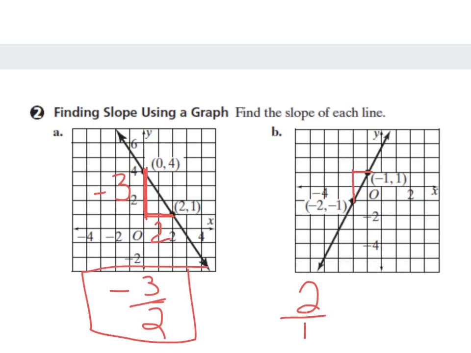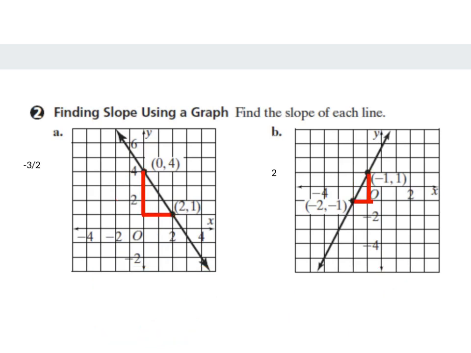So our slope is just 2 over 1, which is 2. Notice how in this example, I drew my triangle a little differently, but the rise and the run are still the same. You can draw any triangle using 2 points on any portion of that line, and the slope will still always be the same. That's that constant rate of change, or that slope.